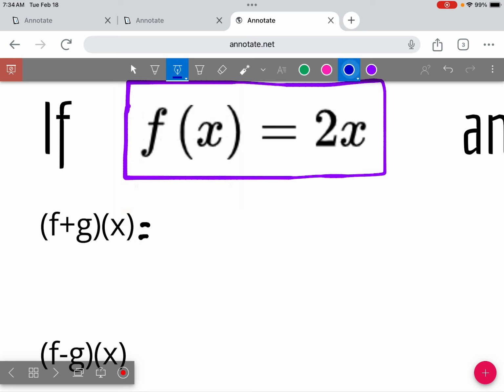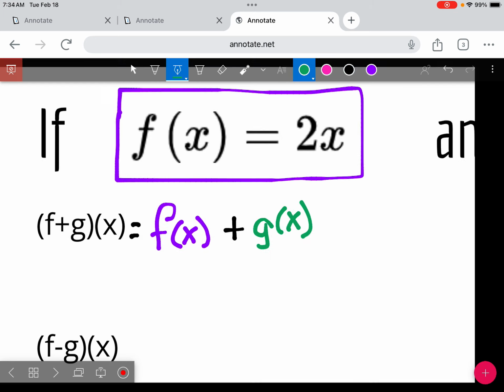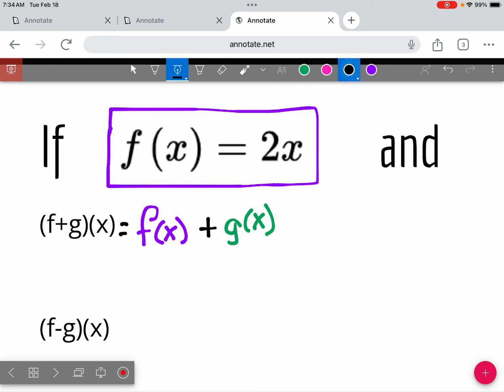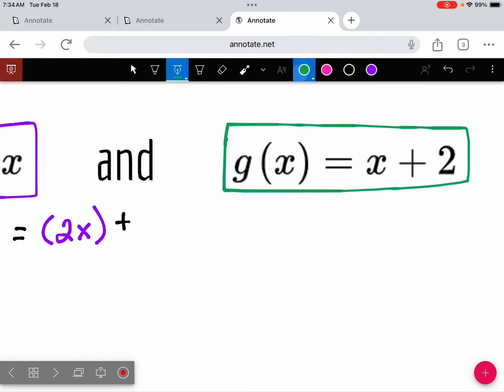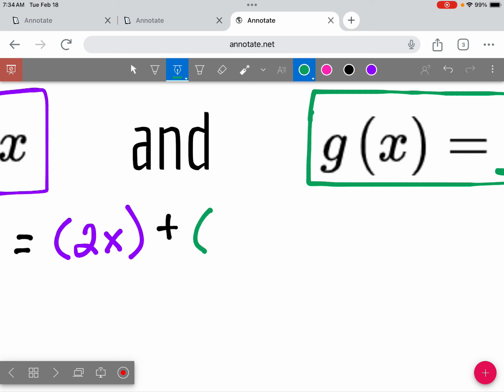What that means is we take our f of x and add our g of x. Think of it like a big giant substitution problem. Wherever we have f of x, I can put in this chunk. That's what f of x equals. So we put our 2x, and we add that to whatever our g of x equals. Well, our g of x equals x plus 2.